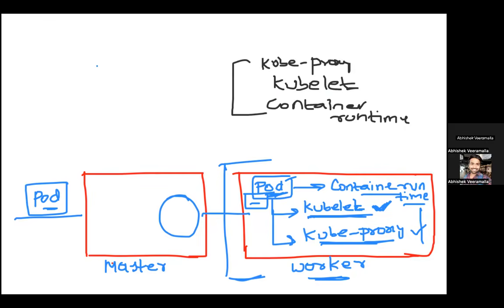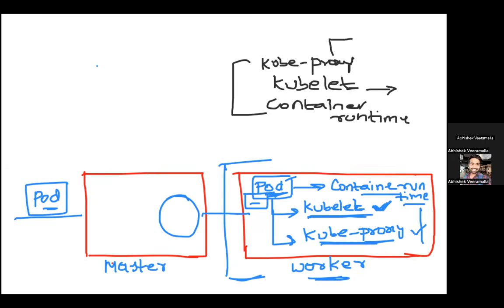So again, let's repeat it. Kubelet is basically responsible for the creation of the pods, and it will ensure that the pod is always in the running state. If it is not, then it takes the necessary action using the Kubernetes control plane. And then you have kube-proxy. Kube-proxy is basically responsible for the networking, like generating the IP addresses or load balancing.